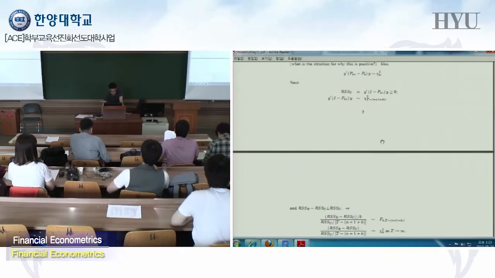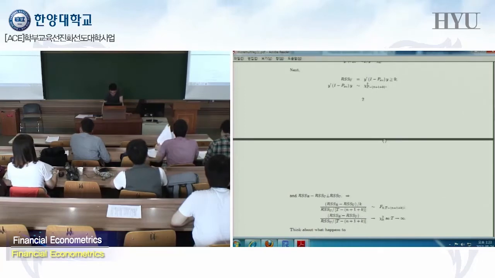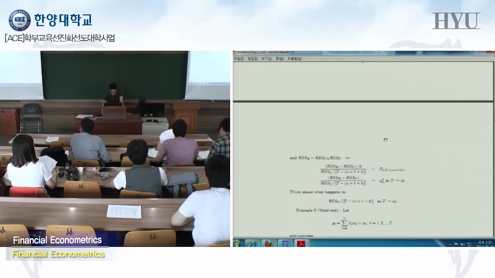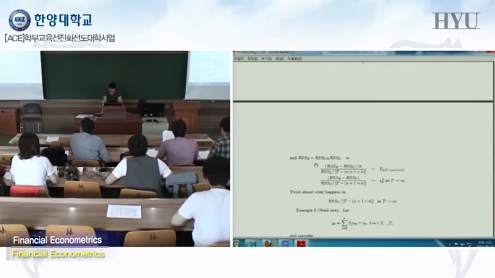Based on the facts we reviewed just before, if RSSR minus RSSU and RSSU are orthogonal to each other, which they should be if we believe the null hypothesis, then the ratio of these two should follow an F distribution.